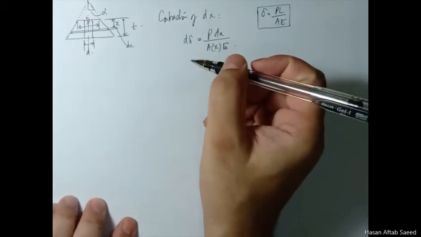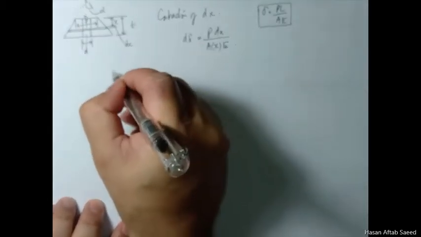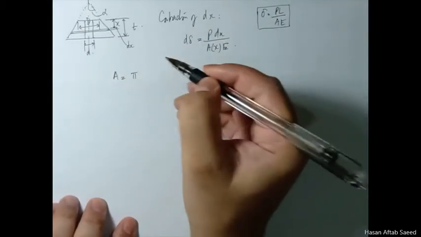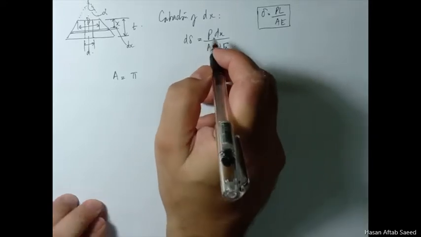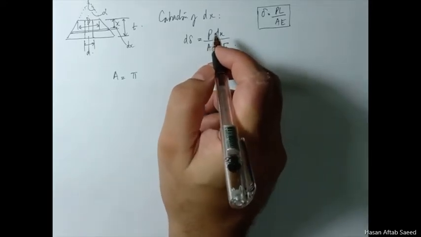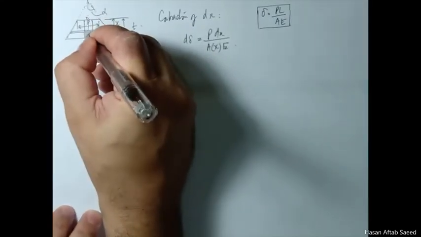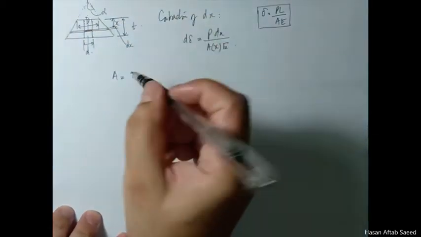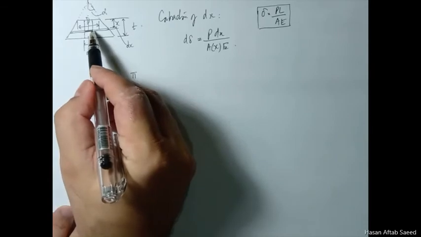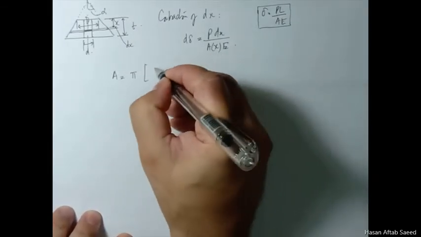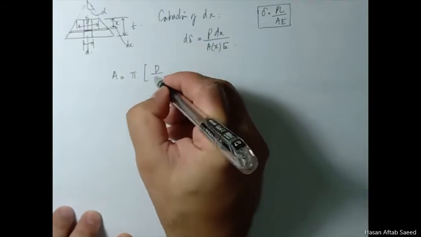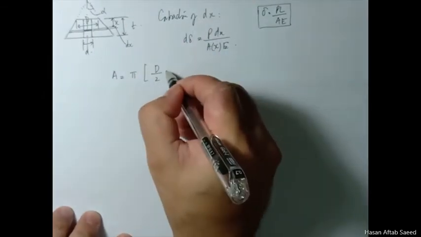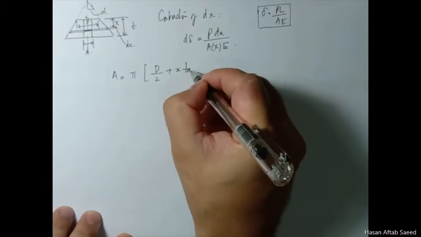and then E. Put in the values. Let's see what A is. Actually it's pi r square, but in this case obviously you have to remove this part. Area is basically pi r outer squared minus pi r inner squared. So r outer is again a variable, d over 2 plus x tan alpha.